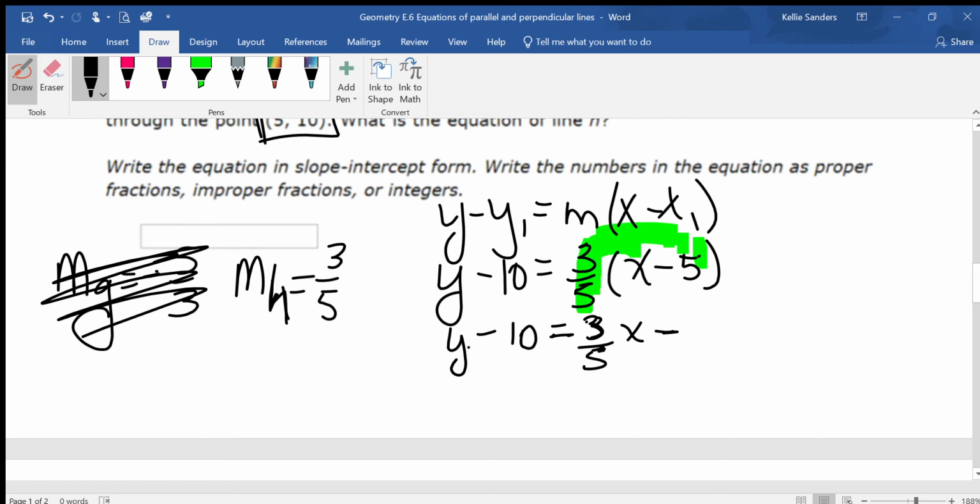Now, you can grab a calculator and put 3 over 5 times 5, and you'd get an answer. Or, because this 5 right here is on bottom, anything that's on bottom means divide.